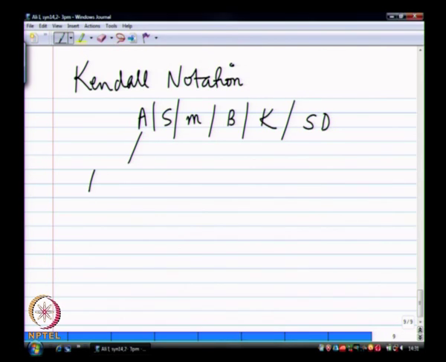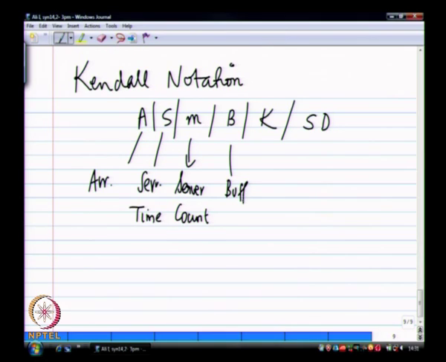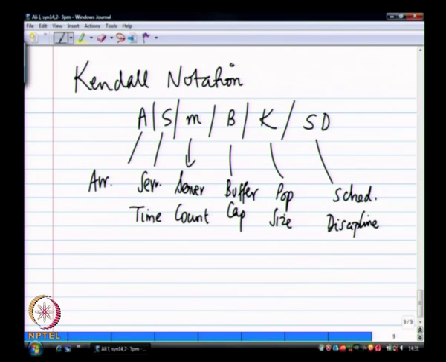This is for arrival, this is the service time, this is the servers. Many times you will only see the first three, because often we assume infinite buffers, especially in theoretical analysis.